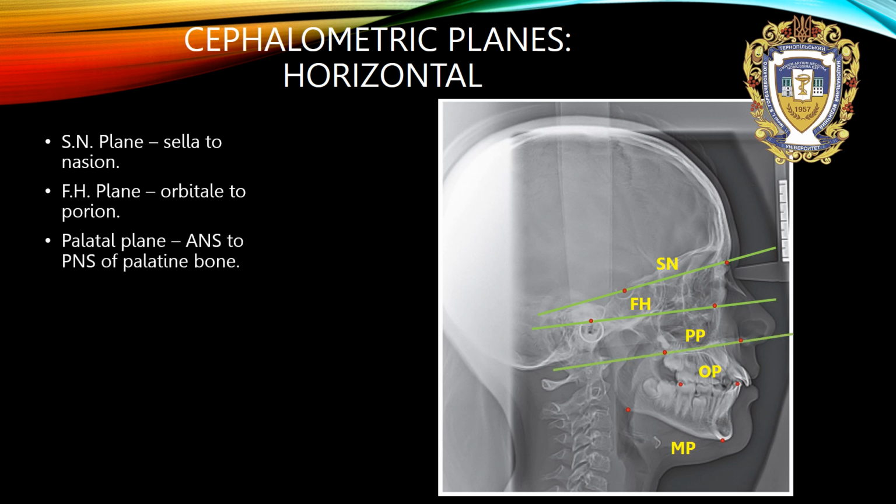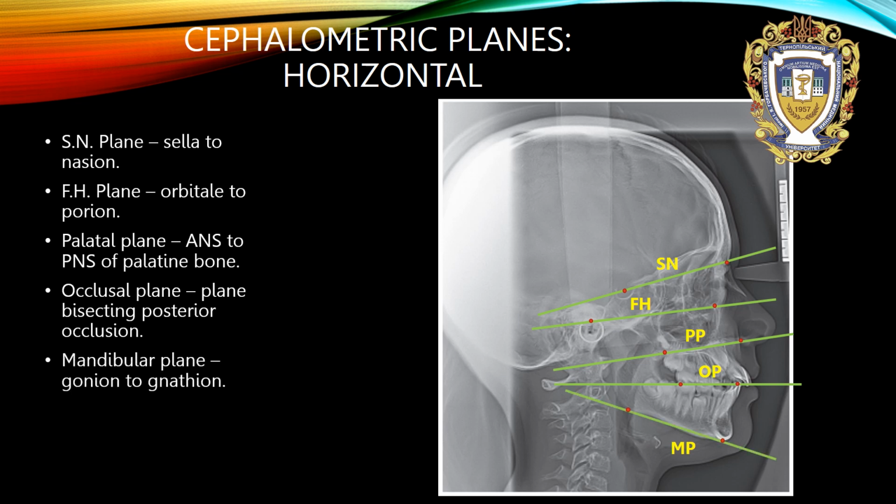Palatal plane, between anterior nasal spine and posterior nasal spine of palatine bone. Occlusal plane, between contact point of first molars and central incisors, and mandibular plane. This plane passes through gonion-gnathion points.